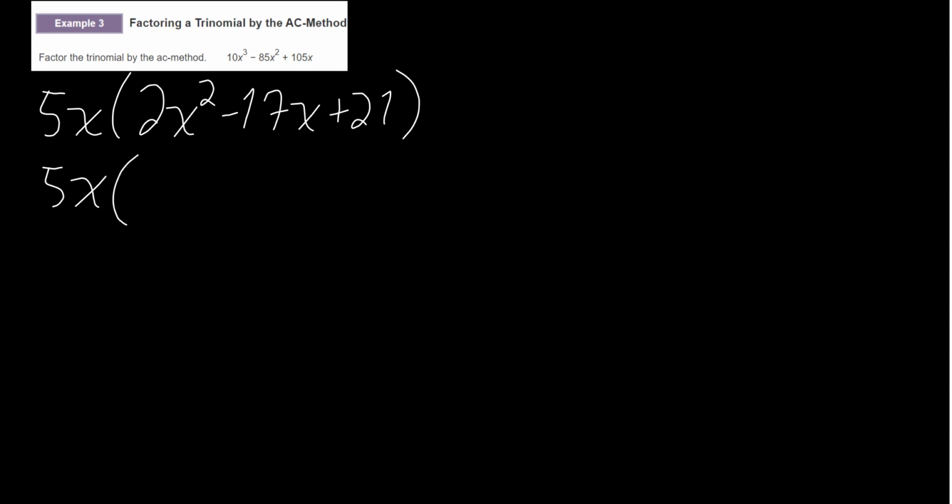All right, AC again. So we've got the 2 and the 21. So A times C, which is 2 times 21, which is 42.